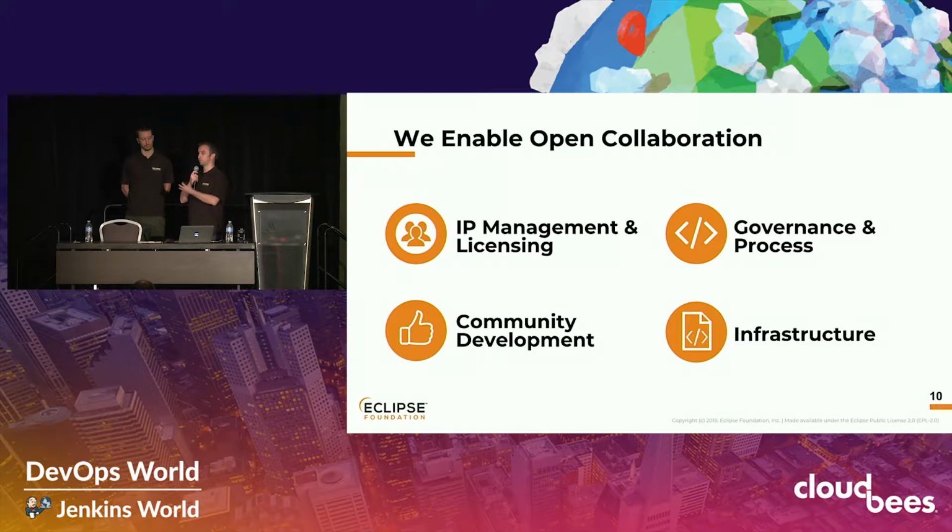So, for instance, when you do a release, we have a process for projects to provide a list of dependencies that they have, and we have lawyers at the foundation that check that all the licenses of the dependencies are compatible. So we know that an Eclipse project release is IP safe.